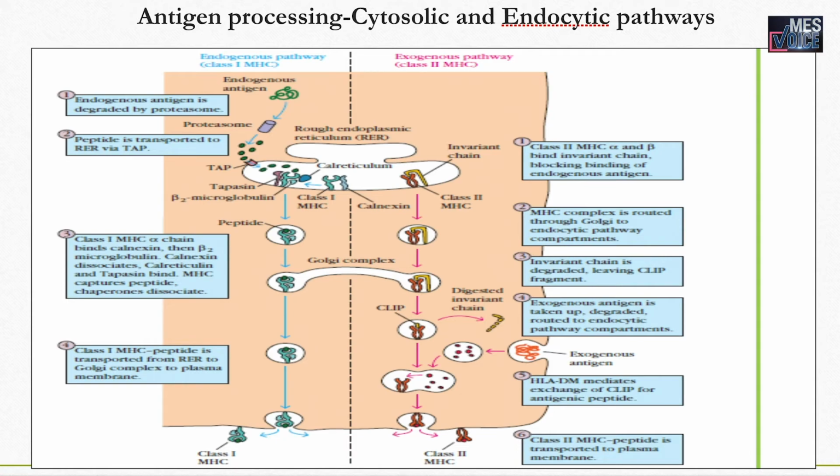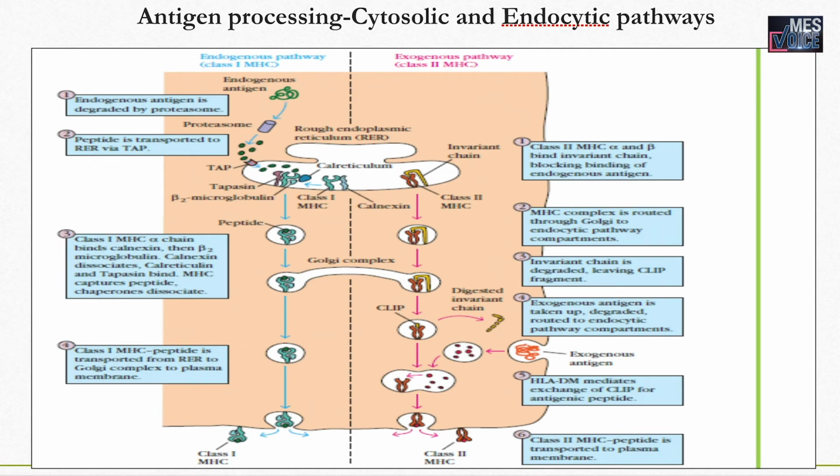The peptides generated are transported to the endoplasmic reticulum via the TAP transporter, and inside the rough endoplasmic reticulum the class 1 MHC molecule is produced. With the help of molecular chaperones, proper assembly of the antigenic peptide with the class 1 MHC molecule takes place. Then it moves to the Golgi complex, and then it is transported to the cell membrane surface and displayed there with the antigenic peptide in its binding cleft.